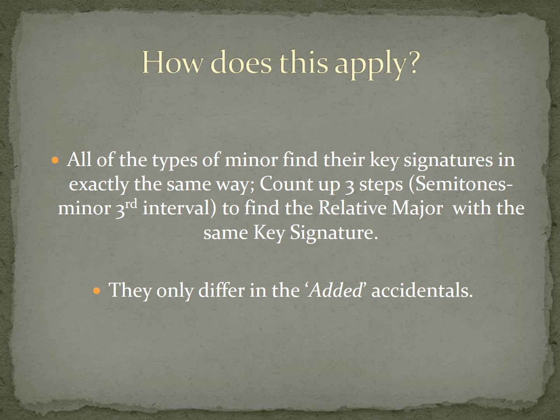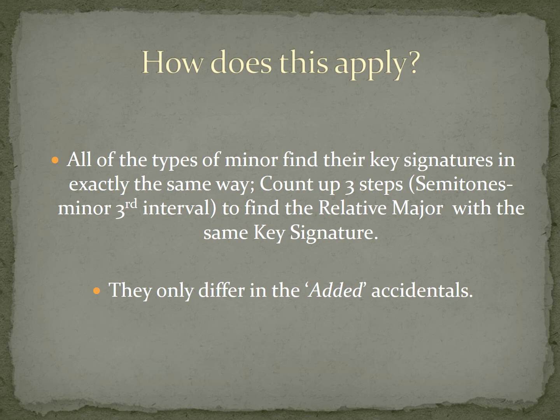You still find exactly the same major steps that we took before to find the key signature. So all the types of minor find the key signatures in exactly the same way. You count up 3 steps, or that minor third interval we were talking about. They only differ in the added accidentals that you're going to put in as well as the key signature.